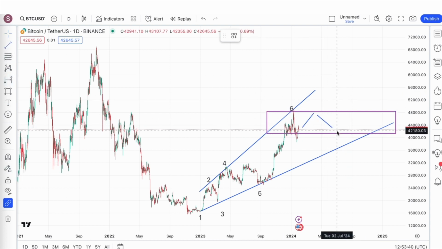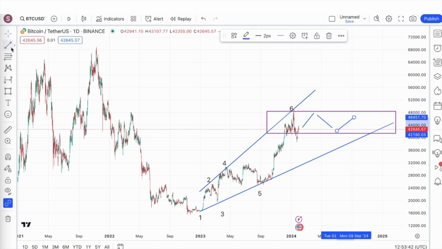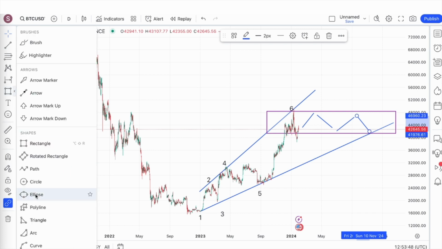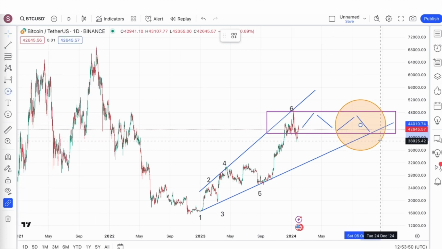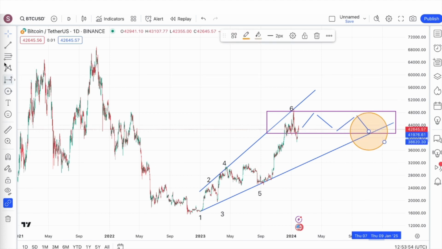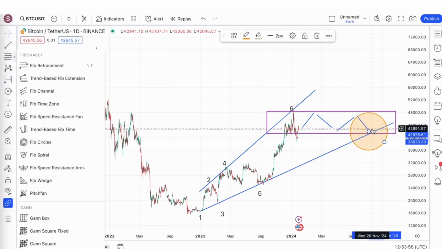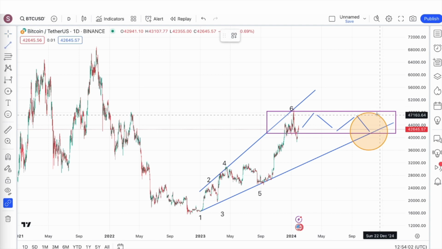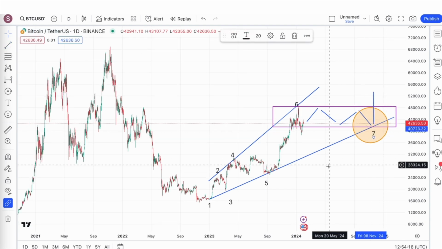So if there's a time correction, price will move sideways until it reaches the lower trend line, where there's an intersection between the bottom of the range of this rectangle pattern and the lower trend line, which will form number 7. That's a correction in time, which will probably happen until the second half of the year.